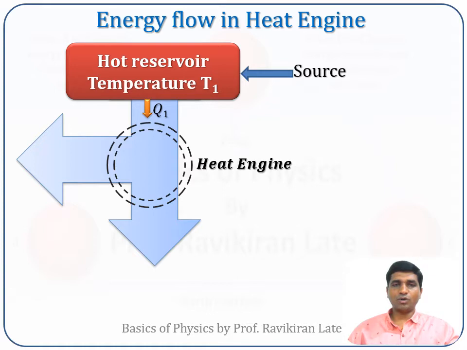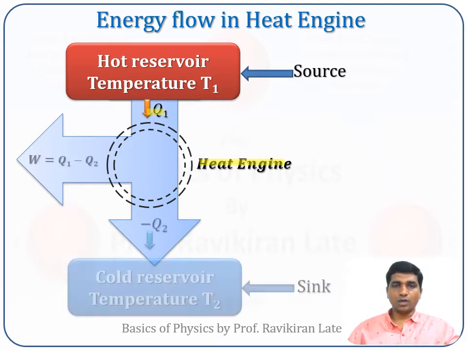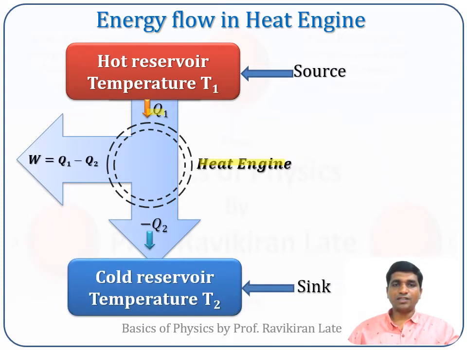Let us say Q1 amount of heat is taken from it, and this heat is given to the heat engine. What does the heat engine do? It takes some amount of heat and converts it into work, and some amount of heat is rejected to the sink, which is at a lower temperature T2 as compared to the source.